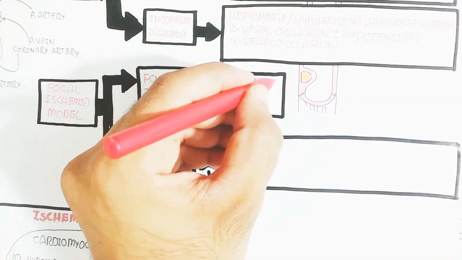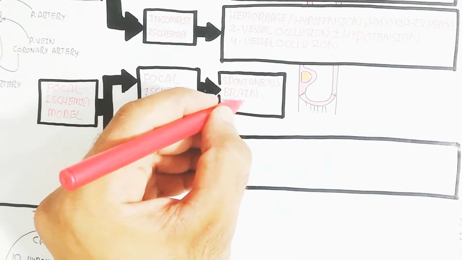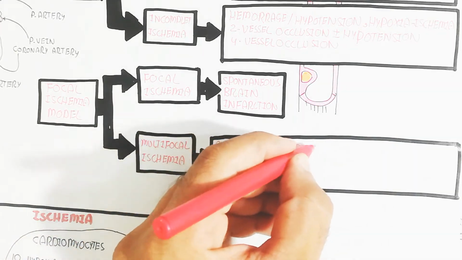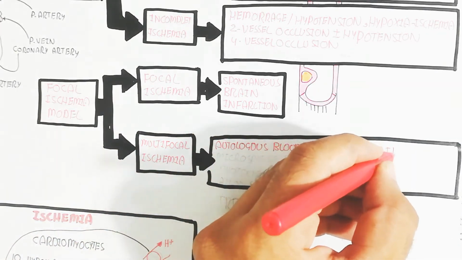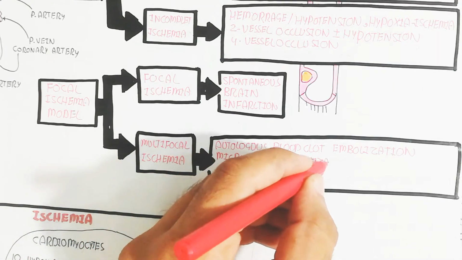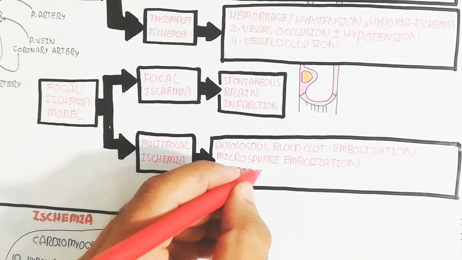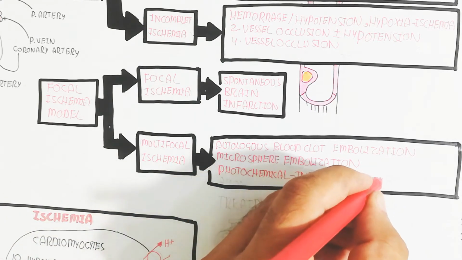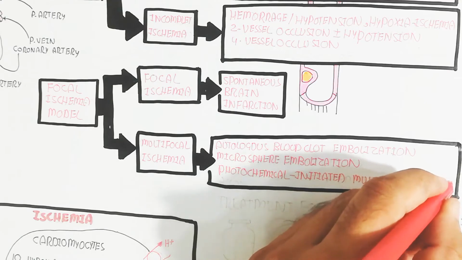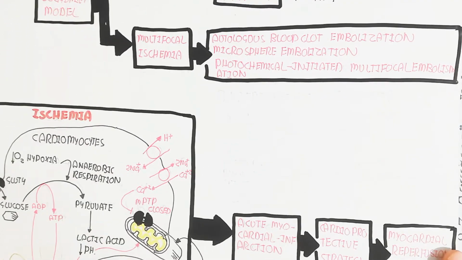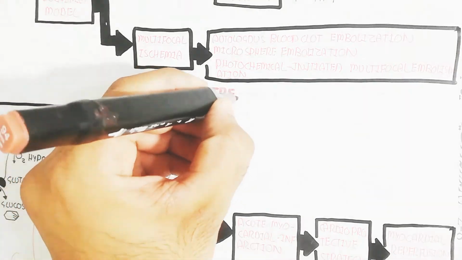Focal ischemia involves spontaneous brain infarction, and multifocal ischemia involves autologous blood clot embolization, microsphere embolization, and photochemically initiated multifocal embolization.